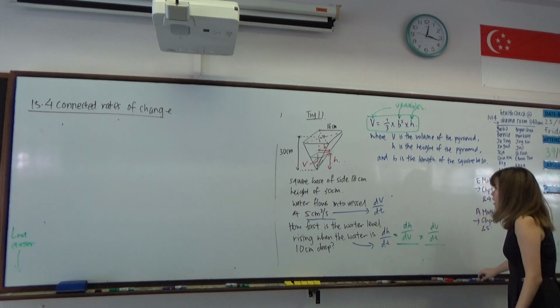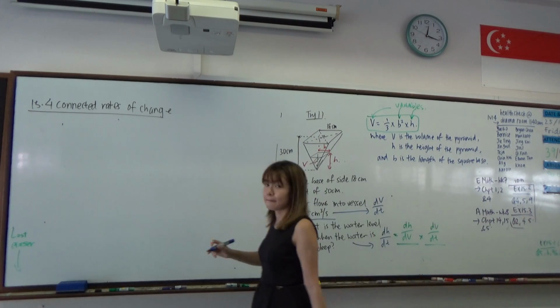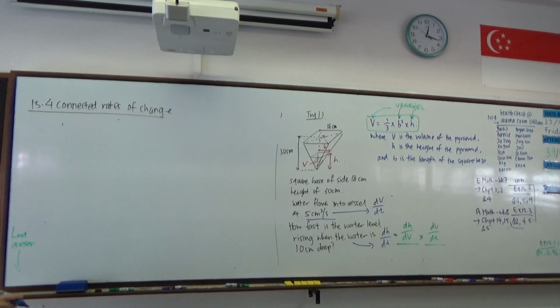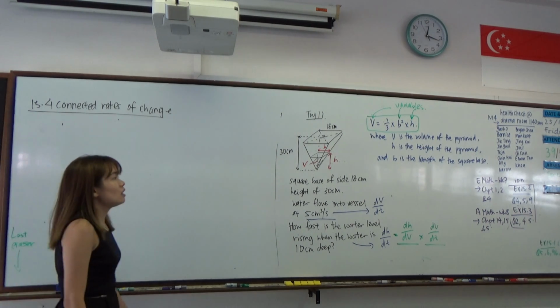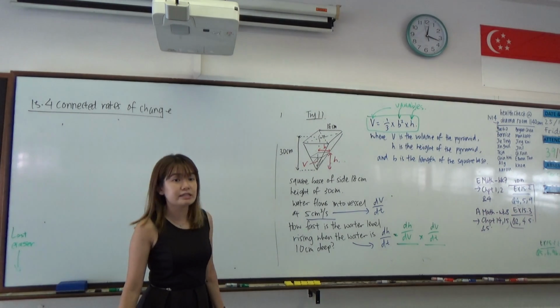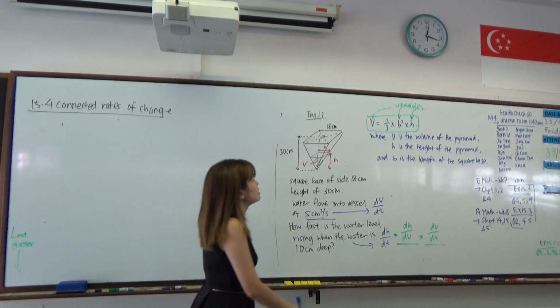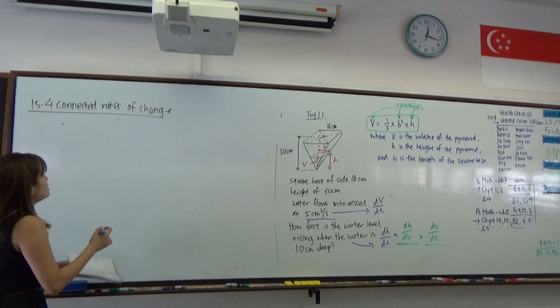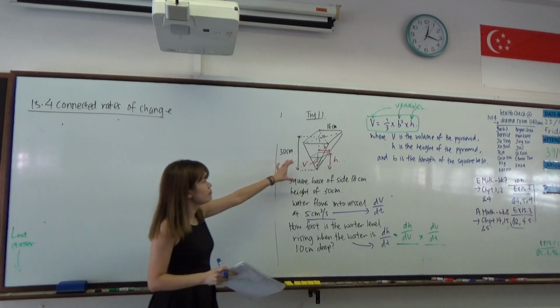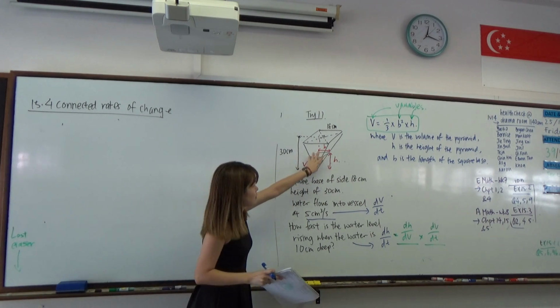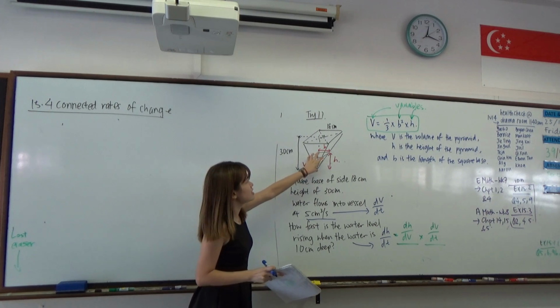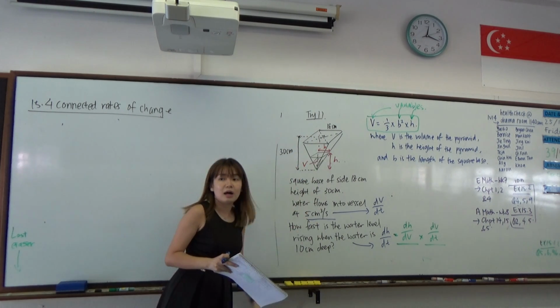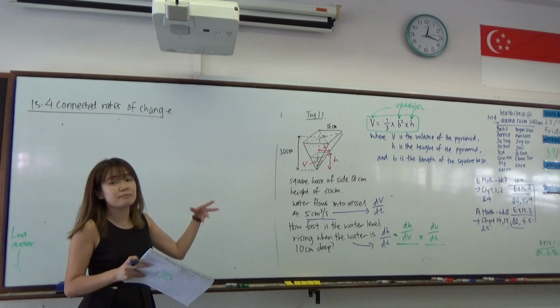So how should we go about doing that? Easy, like Pythagoras. Can we use Pythagoras? Is it similarity? Okay, very good. It is similarity. We will make use of an idea of similarity to find out whether we can substitute B in terms of H or not. Because the volume of the water, this shape itself, is actually similar to the entire pyramid.